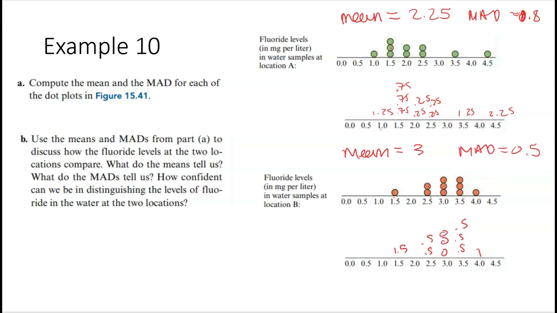All right, so use the means and the MADs from part A to discuss how the fluoride levels compare. First of all, I can say that the fluoride in B is higher. The average fluoride in B is higher by 0.75. It has higher fluoride. Now that's comparing the means.